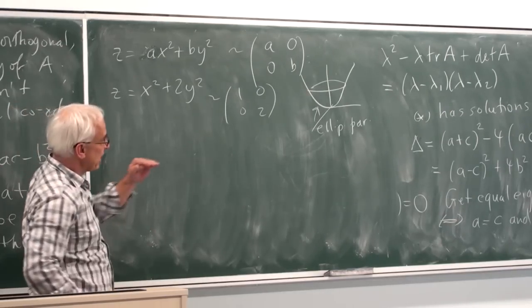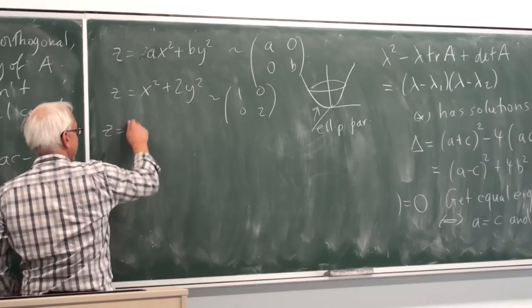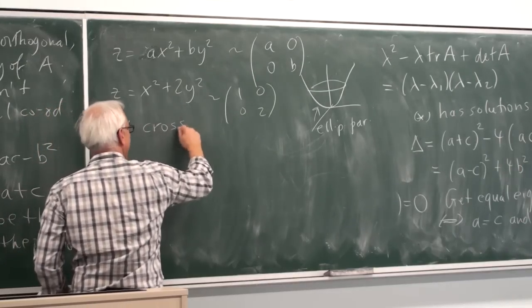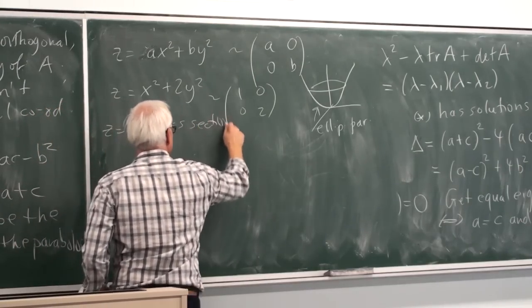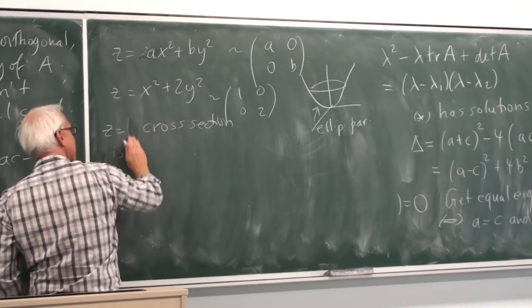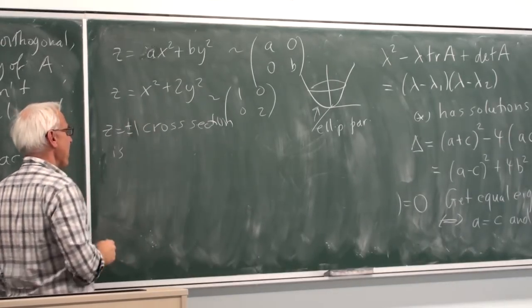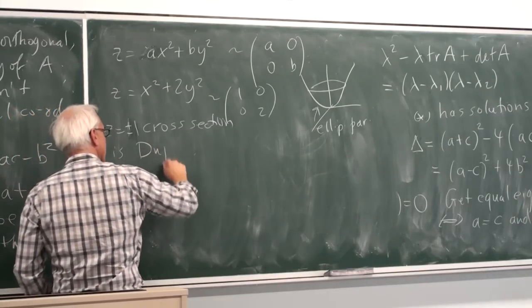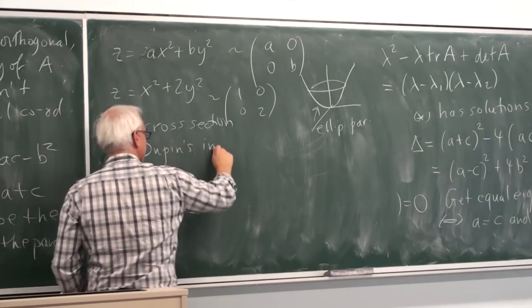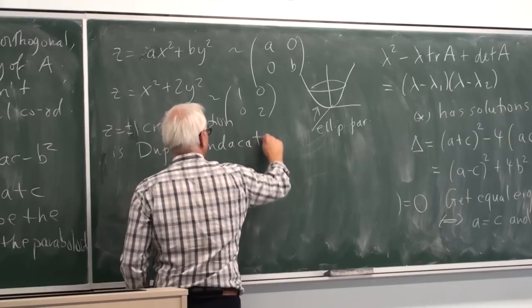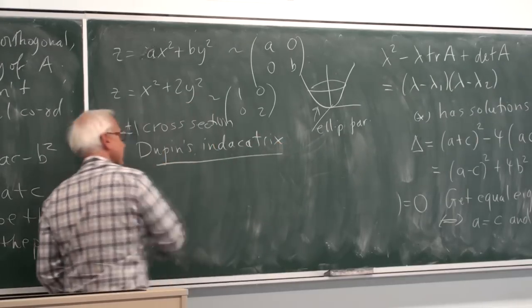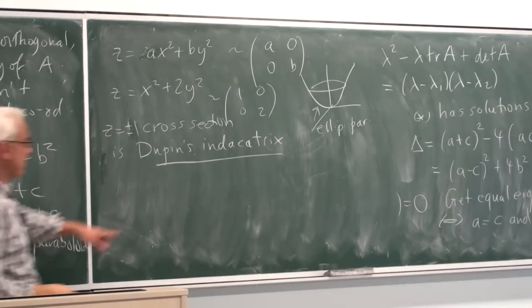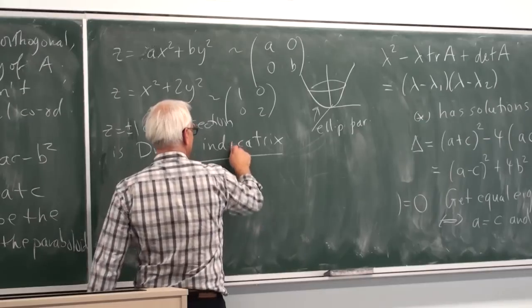This cross-section is kind of important. So the z equals 1 cross-section is, well, actually sometimes 1 or plus or minus 1, depending on the thing, called Dupin's indicatrix. Sounds like something out of Harry Potter. Indicatrix, I suppose.